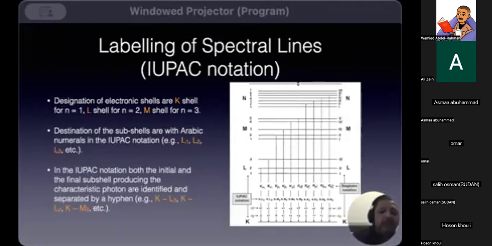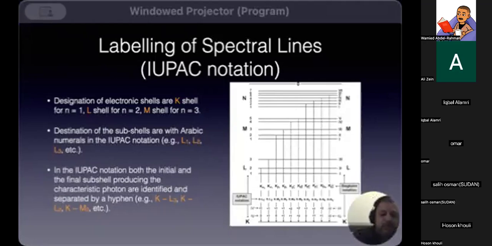Again, they use K, L, M, N to indicate the shell level, so now we're labeling the shells. And instead of using Roman numerals for the subshells, they're now using Arabic numerals. So now we have L1, 2, 3, and 1, 2, 3, 4, 5, and so on. Here, I think it's up to 7.